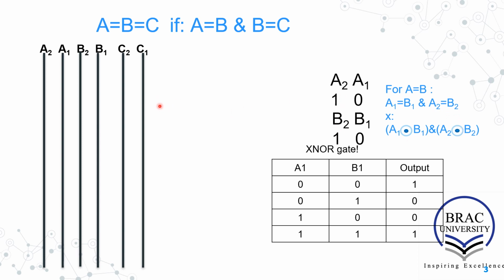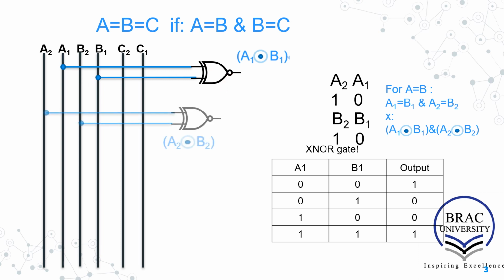equal or not. So here I have drawn the inputs of A, B, C. Since each number is of 2 bits, for A there will be 2 input lines, for B 2 input lines, and for C 2 input lines. So first we will check whether A1 and B1 are equal or not. So A1 XNOR B1.